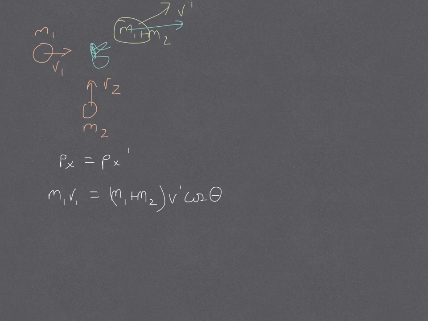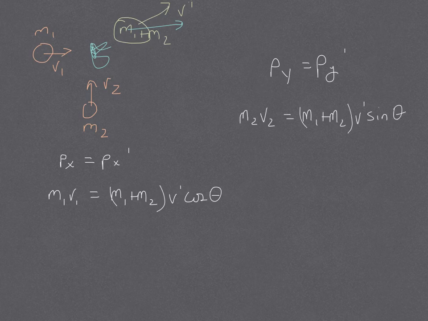And the equation in the y, just think about it the same way. Only m2 is moving in the y before the collision, and we only worry about the y component of the momentum after the collision. That's probably all you're going to see in the two-directional momentum collision problems.